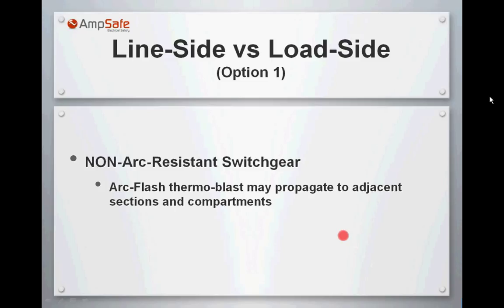You might not completely eliminate them, but definitely you are going to reduce them substantially because you still have that piece of metal dividing the adjacent sections. So be aware that even if you have that steel, if it has not been proven according to the standard, the standard for arc resistant switchgear, you might still have some energy migrating to the adjacent sections.